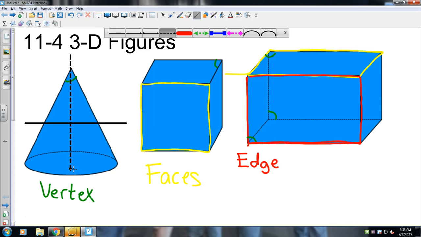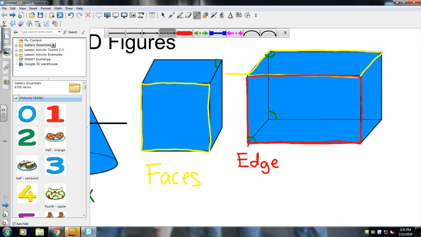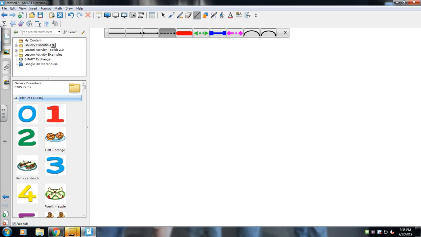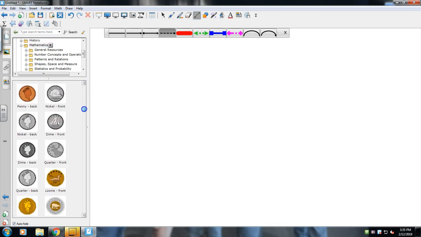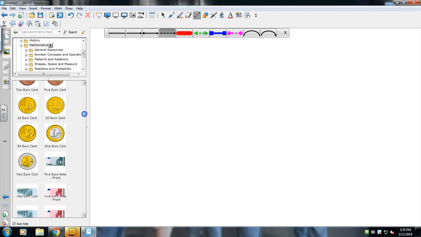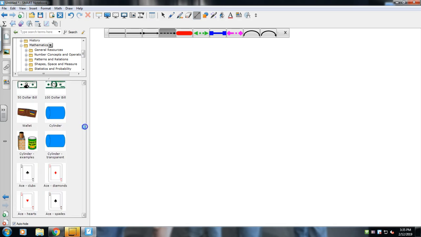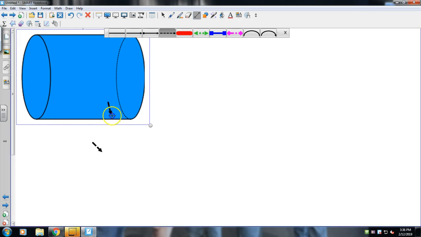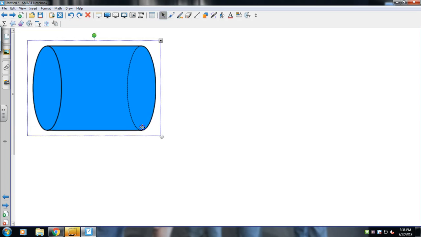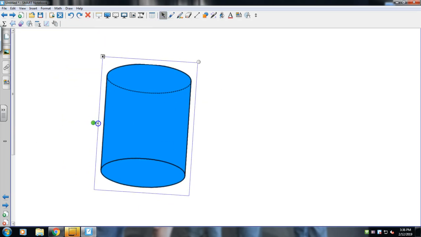And if I cross-sectioned a cylinder, let's say I move this cylinder over here, and let's say I even rotated it this way.